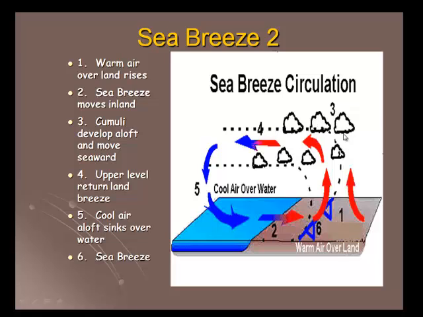They accumulate condensation here and form clouds. The upper level return. Cool air aloft sinks over the water because it's more dense, and then it blows back in towards land as a sea breeze.